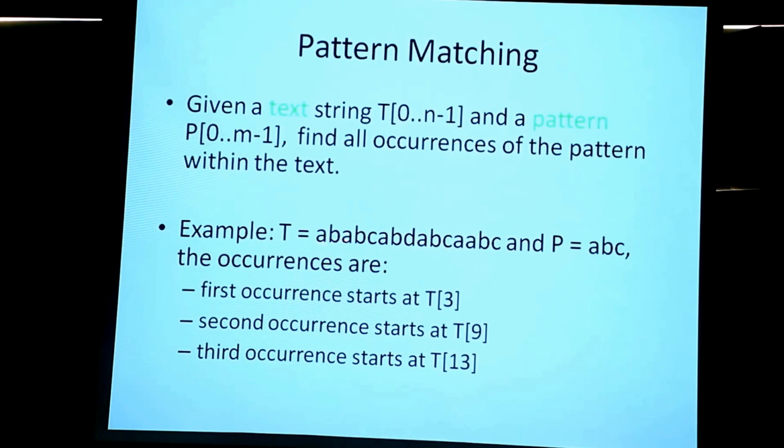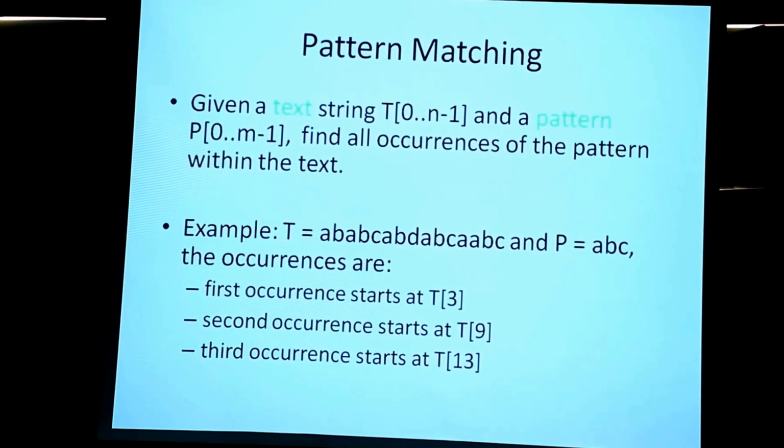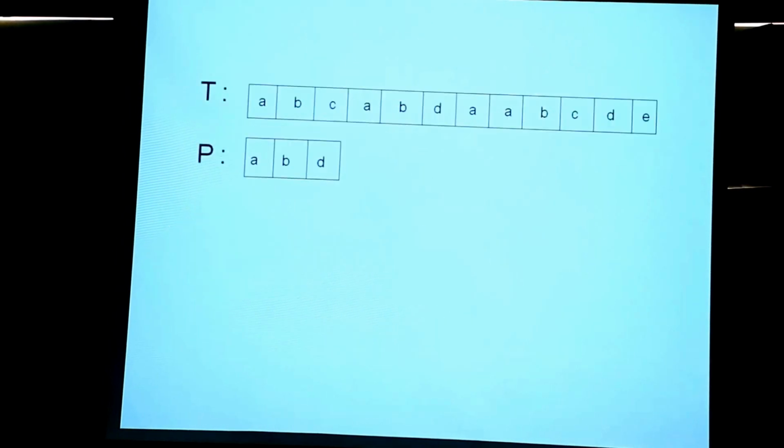So we start indexing from 1, not 0, in this setting. The second appearance occurs at T9 and the third occurrence at T13. However, we'll be dealing only with the first occurrence. We can have variations of this.